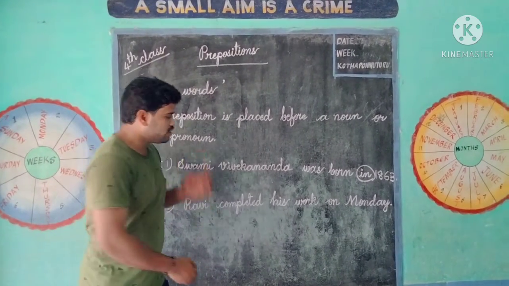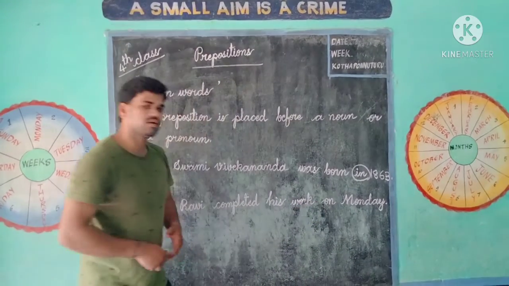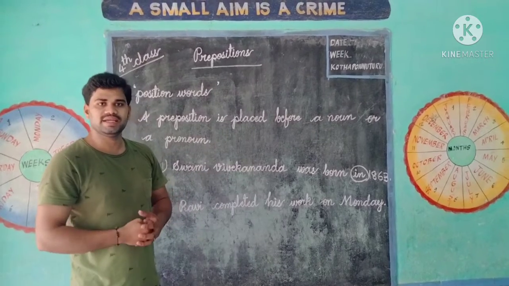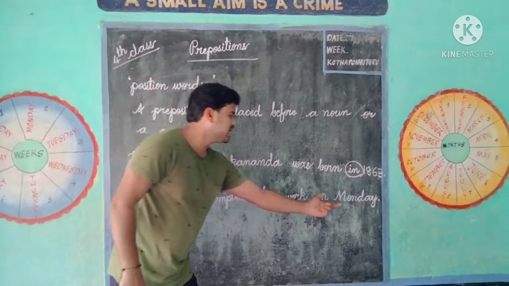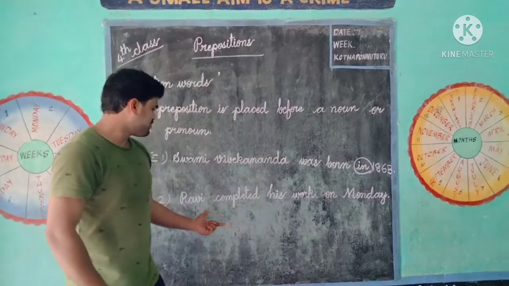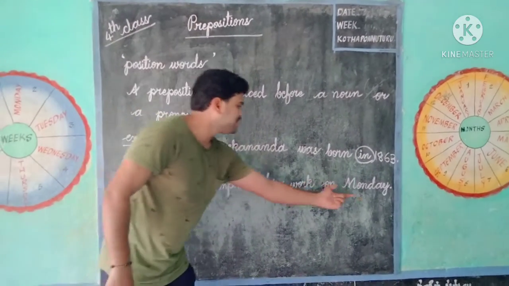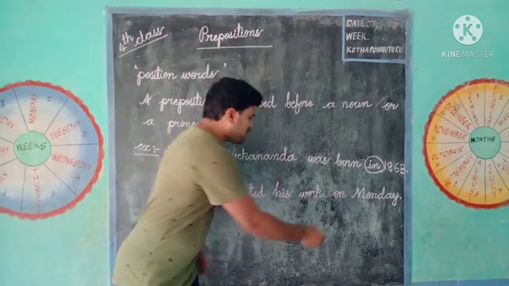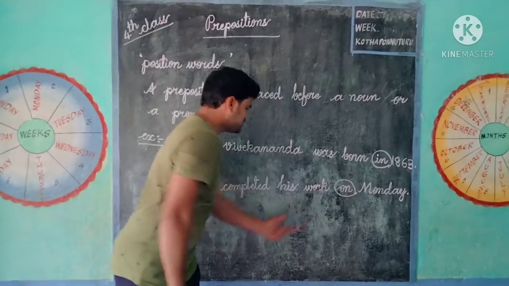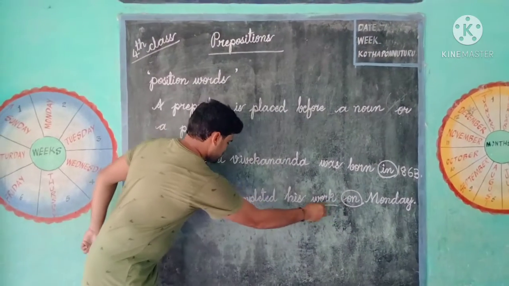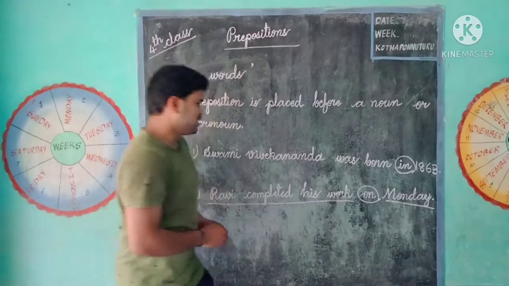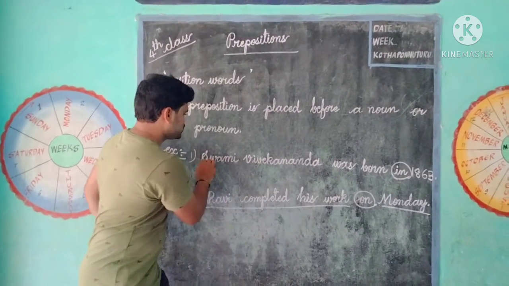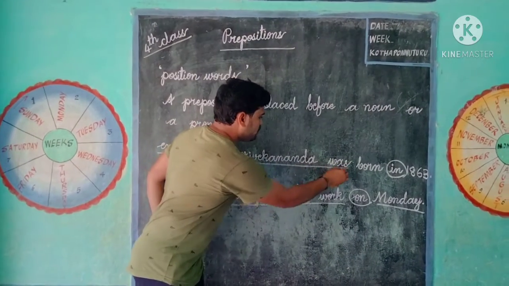Here the word on connects, links the two parts, a phrase and a noun. Ravi completed his work on Monday. Here on connects these two parts. Here in connects Swami Vivekananda was born and 1863.